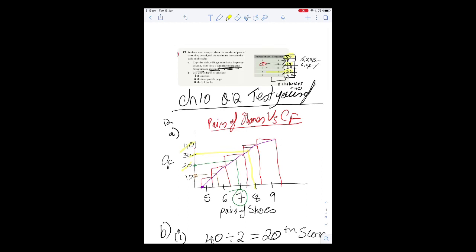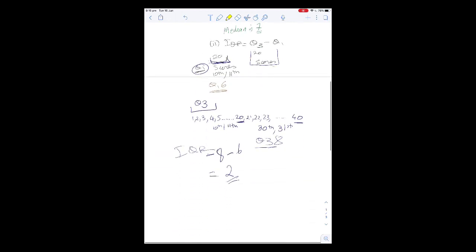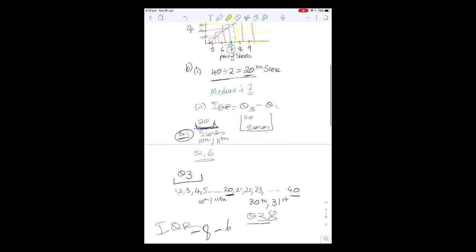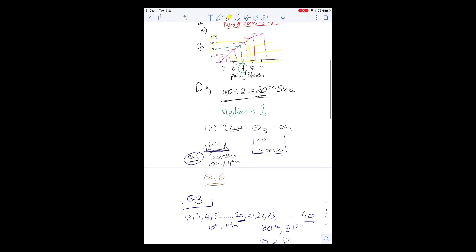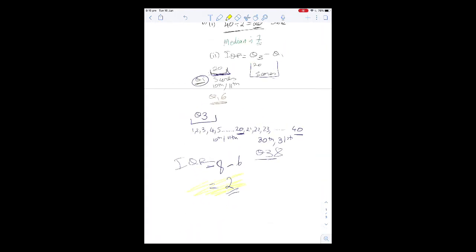If they said use it graphically, they want to see all those markings. They want to see the yellow, the green, and the brown, which means you've done the right thing. But I like to do it twice because I like to know my answers are accurate. So even though I've worked it out here, your 8 minus 6, the IQR is 2.